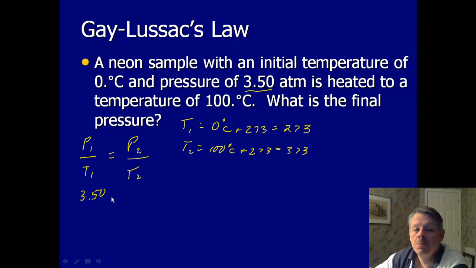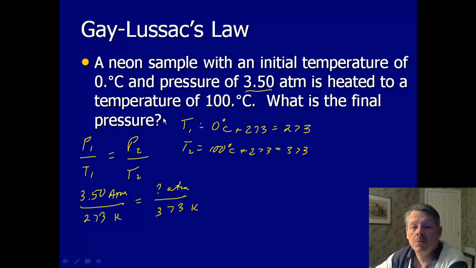So 3.50 atm divided by 273, and that's in Kelvin, is going to give you some number of atm, and it's going to be over 373. Now you'll notice I didn't tell you what I wanted the final pressure in. That's okay. If I don't tell you, you can assume whatever you want. Since I'm given atm to start, I'm going to assume atm is going to work when we're done.